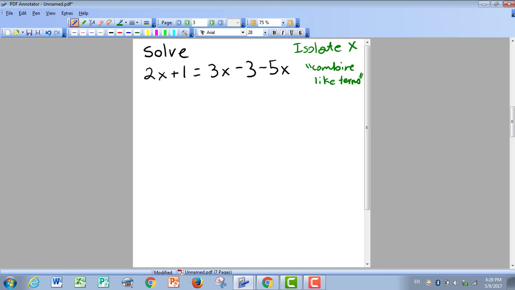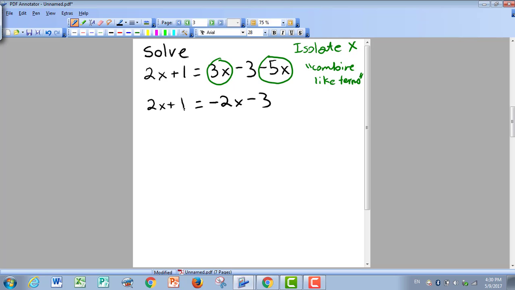Then I go over to the right and I have 3x minus 3 minus 5x. The 3x and the minus 5x are like terms, so I can combine them. 3 minus 5 is negative 2x. So I now have negative 2x minus 3 on the right of the equal sign, and on the left I have 2x plus 1.